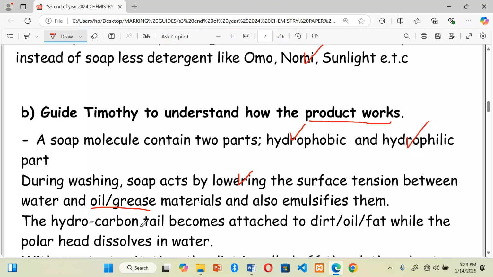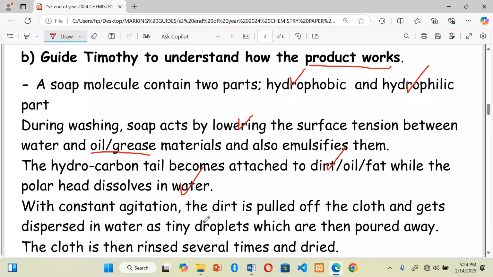The hydrocarbon tail becomes attached to the dirt. The hydrocarbon tail is the hydrophobic part, attached to the dirt, while the polar head is the hydrophilic part, which dissolves in water. Then we continue.